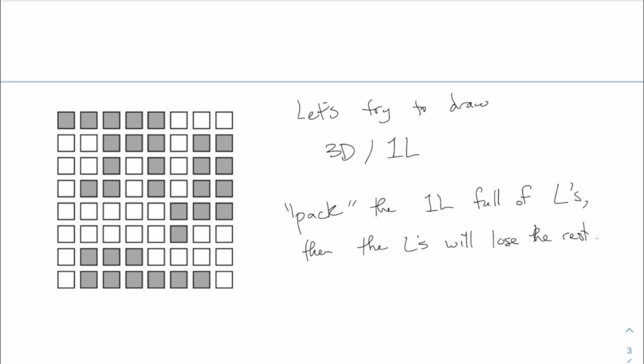In the real world, they call this packing. That is, I want the L's to win only one, right? And the way I'm going to do that is to make one district which is basically full of only L's, or maybe with 1 or 2 D's in there, just depending on how hard it is to draw the lines. Fill one district with only L's, and then there just won't be enough left over for them to win any of the other districts.